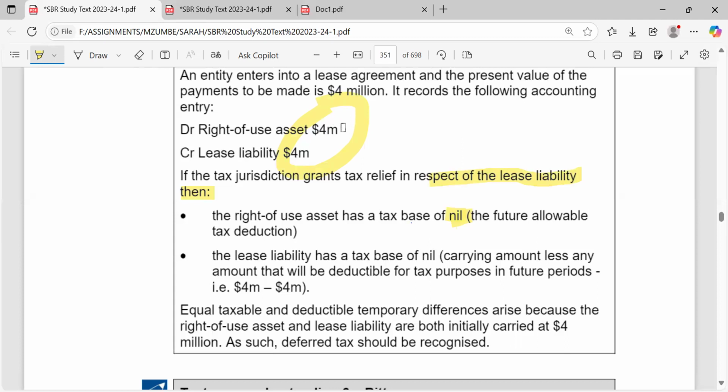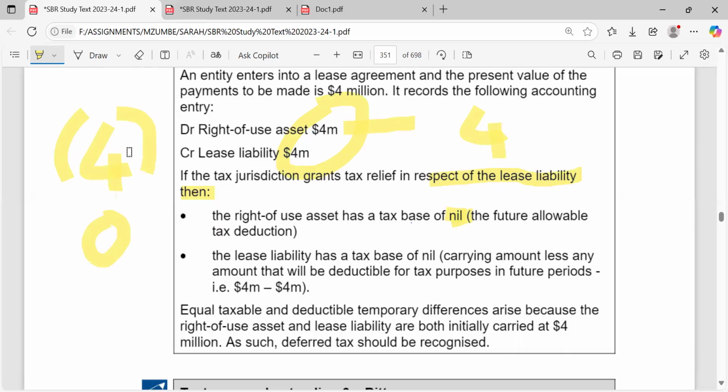So you see that the carrying amount of the asset exceeds the tax base of the asset, which was nil, so it had to be taxed at 4, right? And for the liabilities, you see, the carrying amount of the liability was 4, but for tax purpose was nil, right? So it is the reverse one. Now we have this liability, which we can be putting the negative sign here.